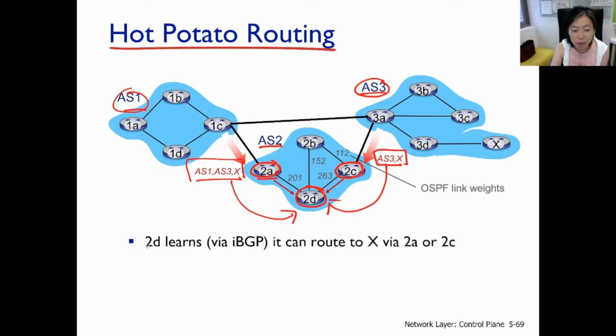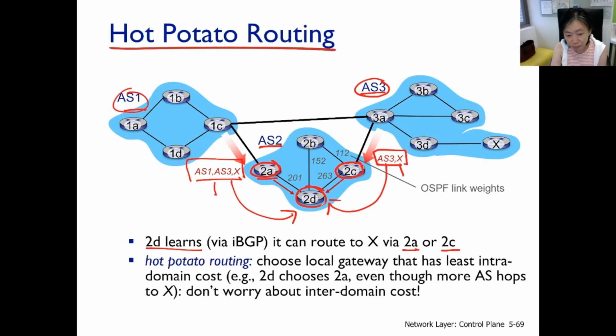So 2D in the end learns there's one AS path through next hop 2A, this guy. There's another AS path through 2C, this one. 2D here, assuming that we abandon the shortest AS path phase, goes straight to the closest next hop router phase. Then we'll do this. For this path, next hop router is 2A.